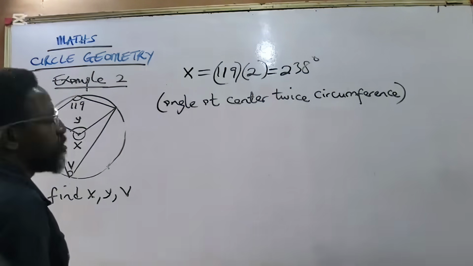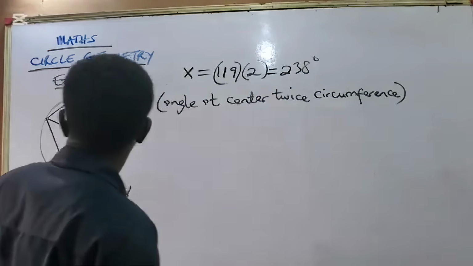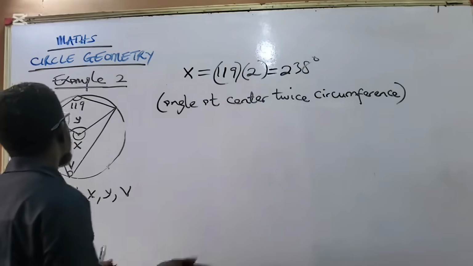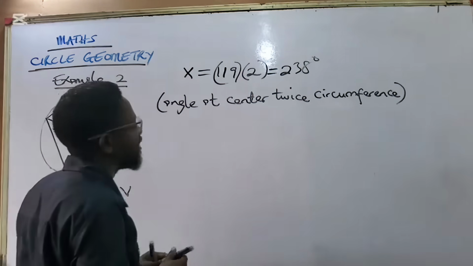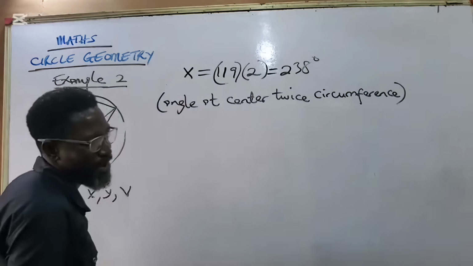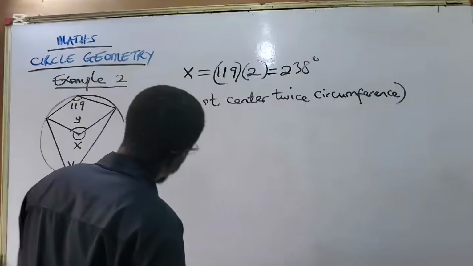So now that we've obtained that, the next thing is to get the value of y. x and y, they are angles at a point. The sum of angles at a point is 360 degrees. We used that in part 1 of this series.